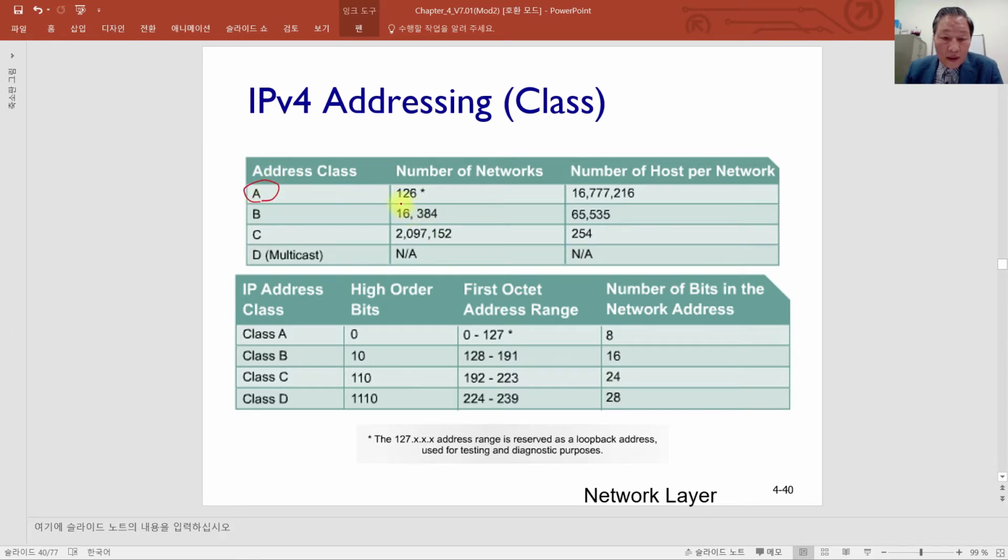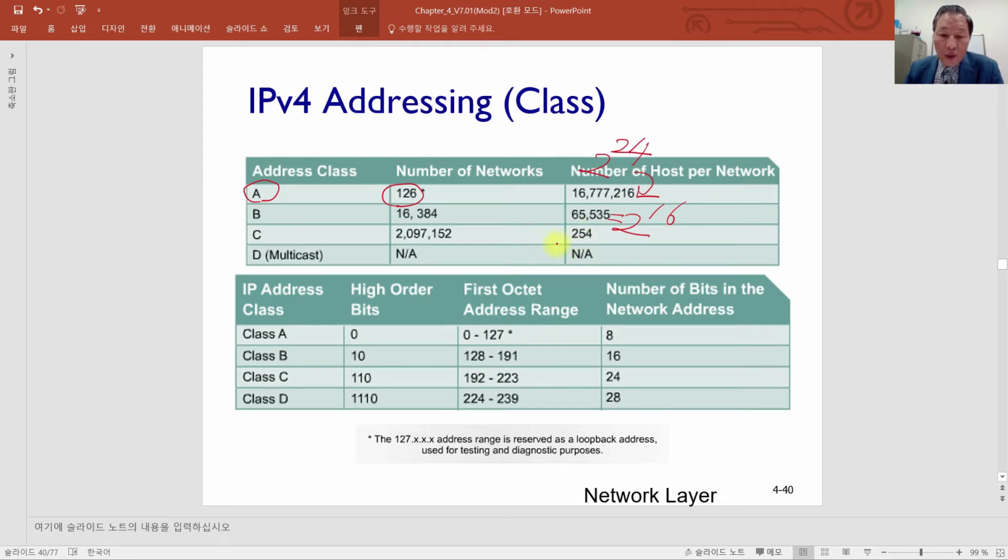For class A, the number of networks is 126, and the number of hosts per network: we are using the remaining 24 bits for host ID, so 2 to the power 24, that is around 16 million. For this one, we are using 2 bytes, that means 16 bits, so 2 to the power 16, like this.